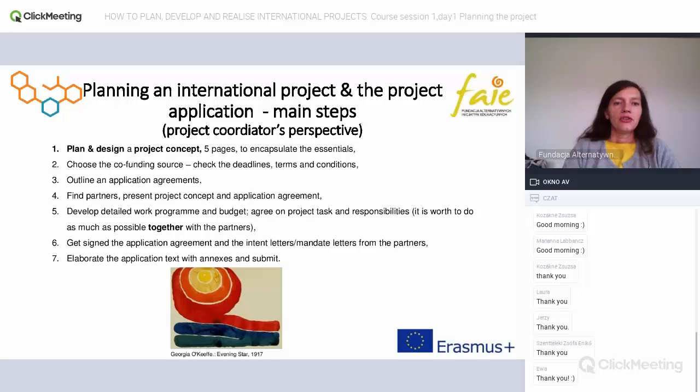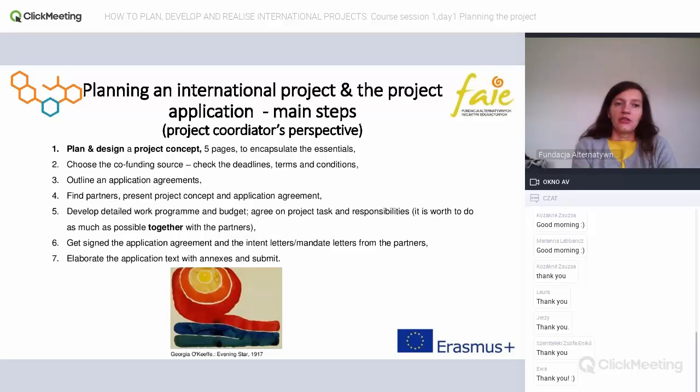An application agreement is a solution applied by some organizations working internationally, but not all of them. This is just an understanding between the applicant and the project partners defining the terms of their cooperation.